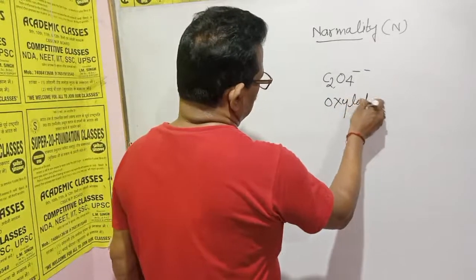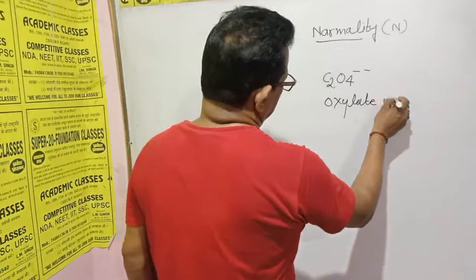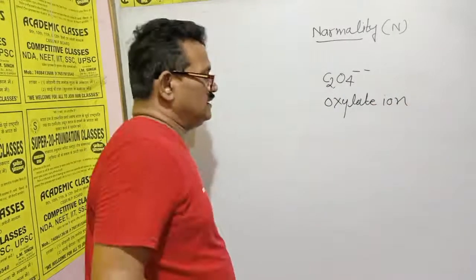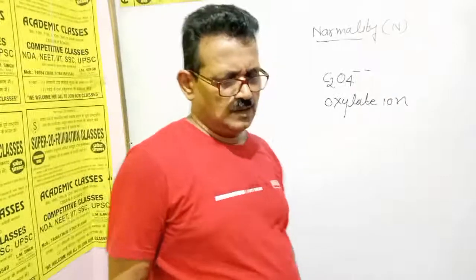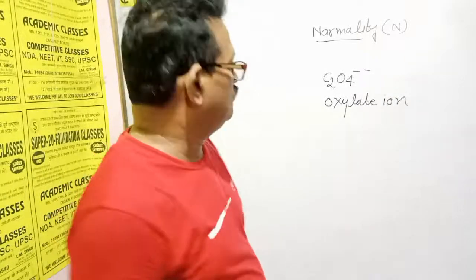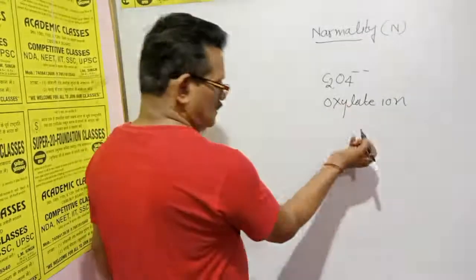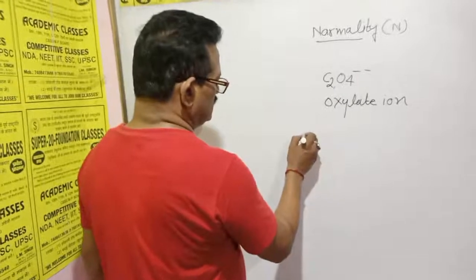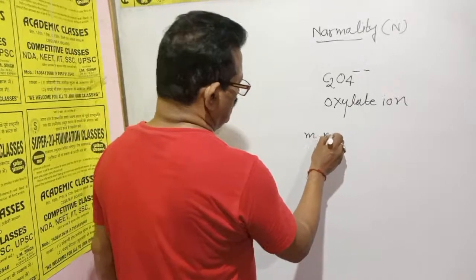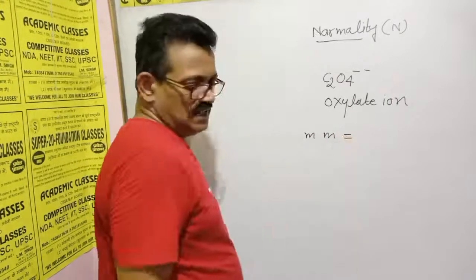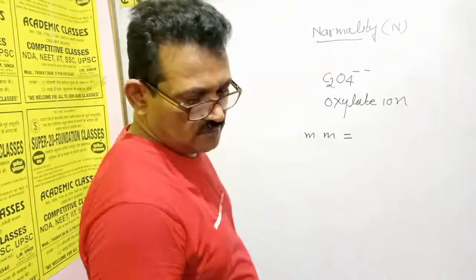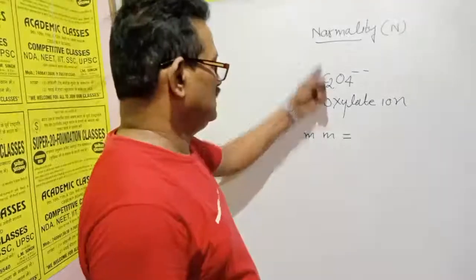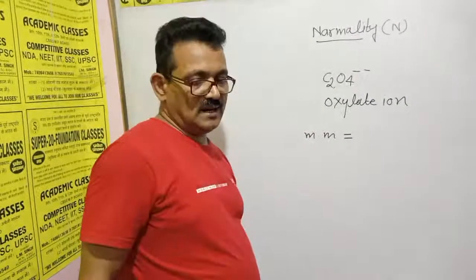You know that first you calculate the molar mass of oxalate ion. What is the molar mass of oxalate ion? Then you calculate in order here.